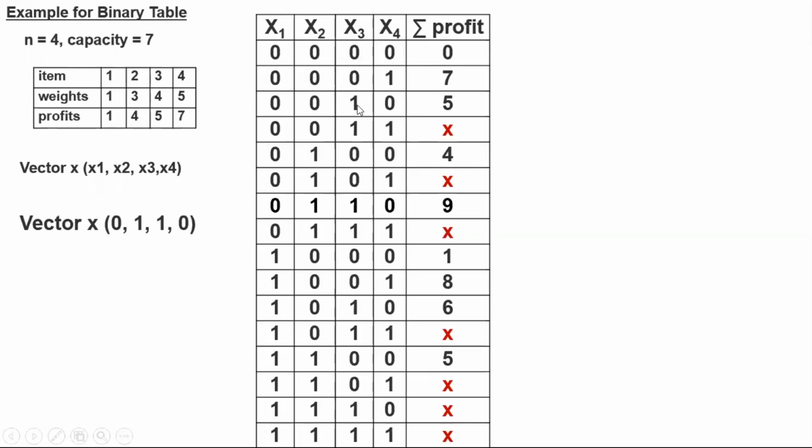If we select 3, the profit is 5. 1, 1, we select 3 and 4. In this case, the sum of weight is 9, so this is not allowed. If we select item 2, then the profit is 4.